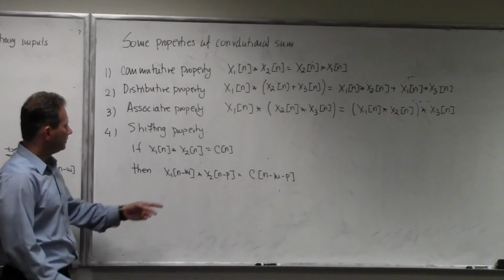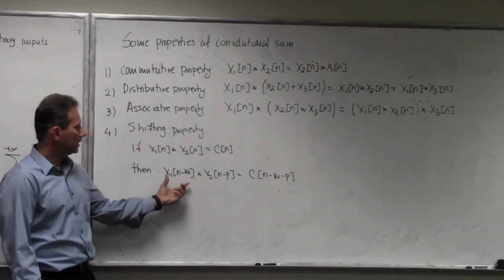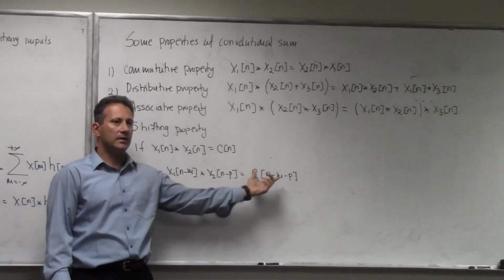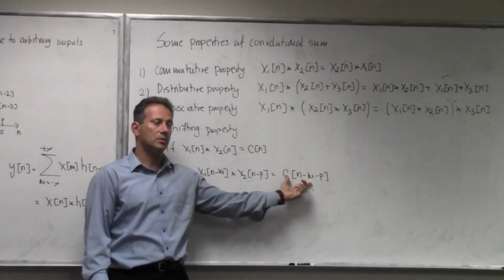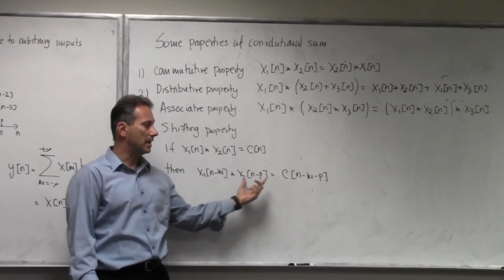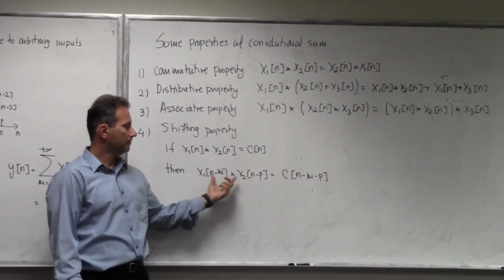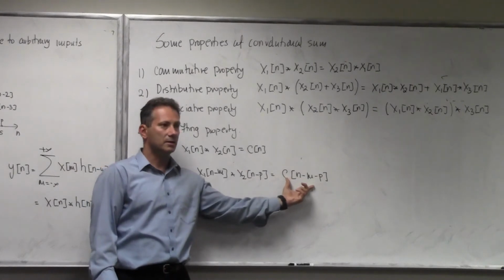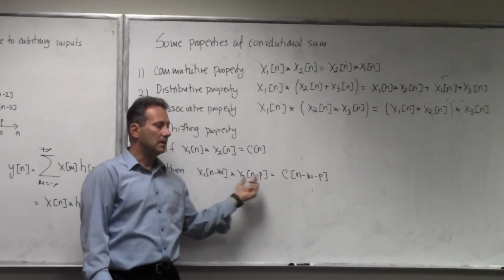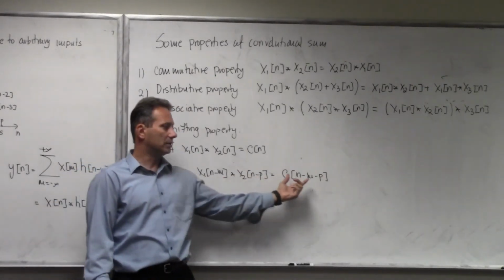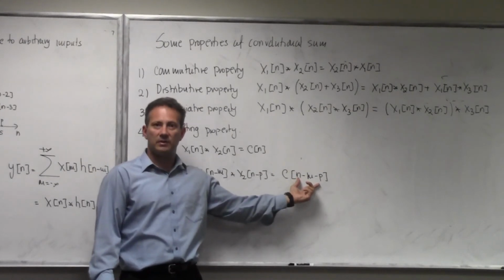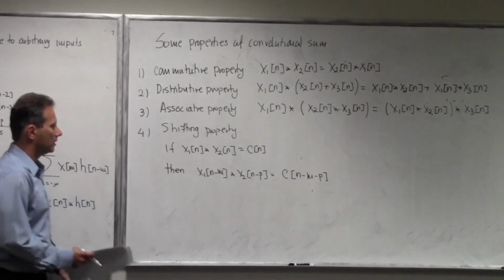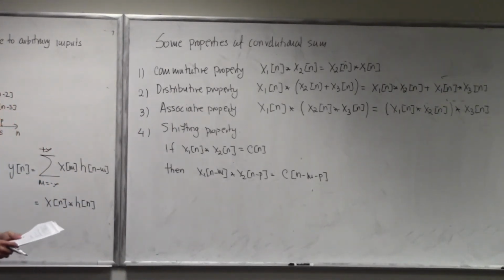Let's say p is equal to 0, then I'm just delaying the first one, and the output is delayed by the same amount to which I've delayed the first one. Likewise, if m is equal to 0, and I'm just delaying the second one, then the output is delayed by just the amount of the second one. If I delay both, then the total delay is going to be the sum of the delays of the first one and the second one. That's an important property for us.